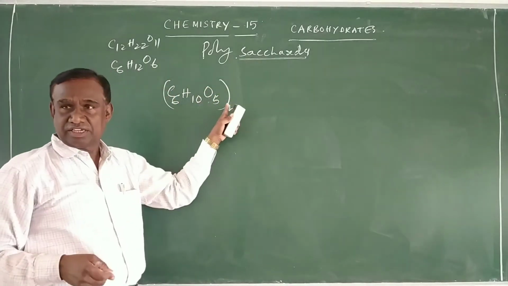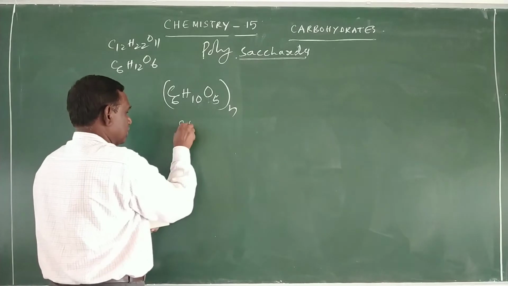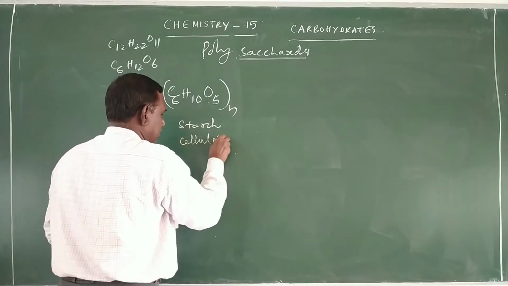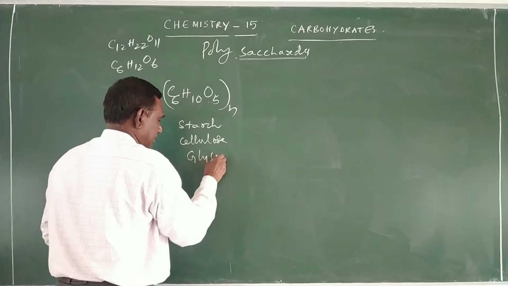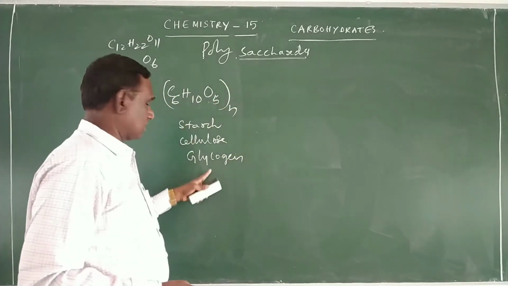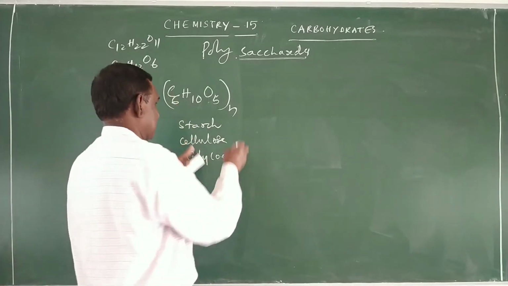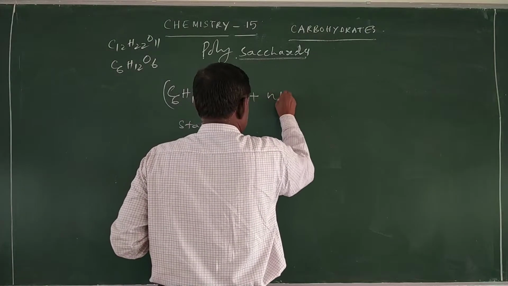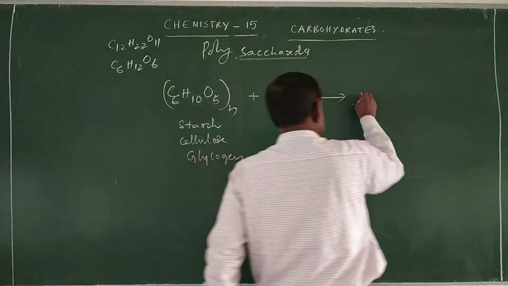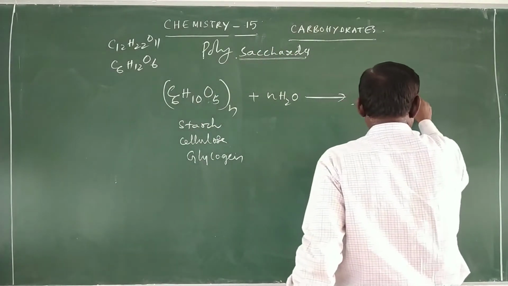So this is polysaccharide. It may be starch, cellulose, and glycogen. All these are polysaccharides. When starch, cellulose, glycogen, that is polysaccharide, is subjected to hydrolysis, I am going to put nH2O. Then you will get n times C6H12O6.